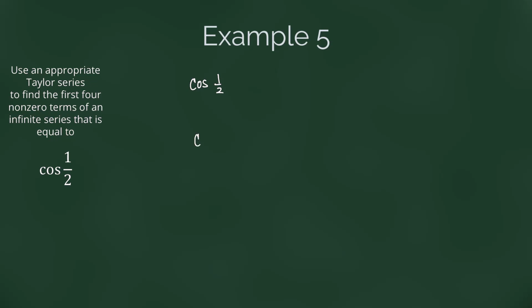We know that the cosine of x is equal to the sum from k equals 0 to infinity of negative 1 to the k times x to the 2k over 2k factorial.